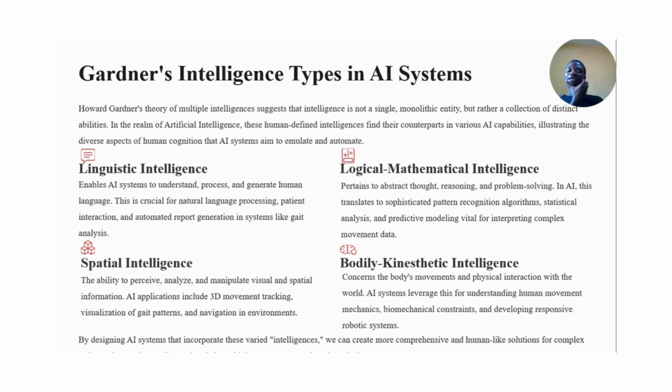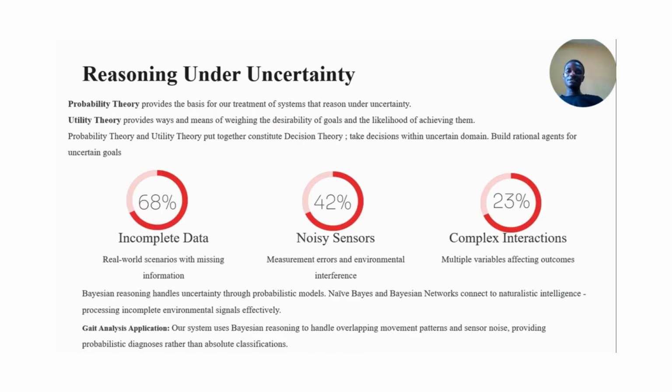And then behind all this will be the mathematical aspect of it, which brings the idea of learning and all the kind. That will now bring us to reasoning and uncertainty, because in this particular context, gait analysis cannot be achieved in a simple way. We shall have more noise in our data, which I can also call outliers.